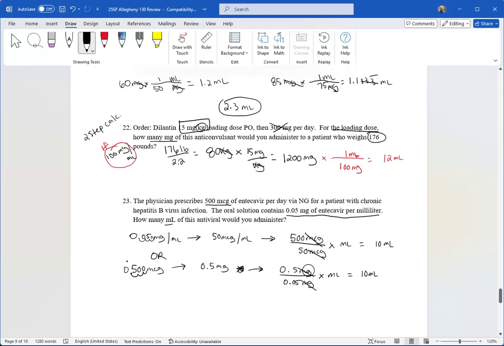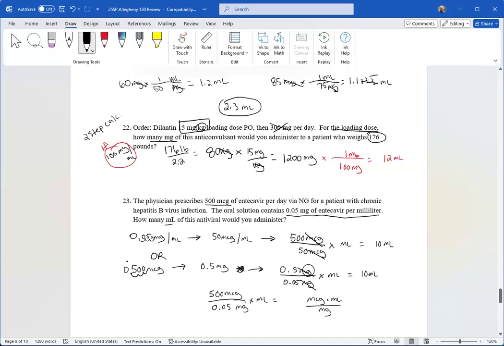What I don't want to do is try and say 500 micrograms. And this is what a lot of students do when they miss this question, is they'll write this, but you can't cross these out. So then your answer would be microgram, milliliter per milligram, which should drive you nuts and make you want to scream because nothing was able to be canceled out.